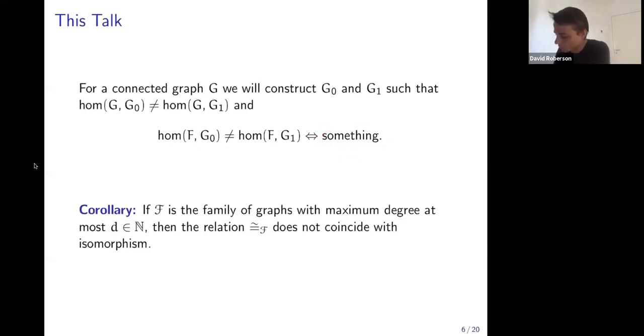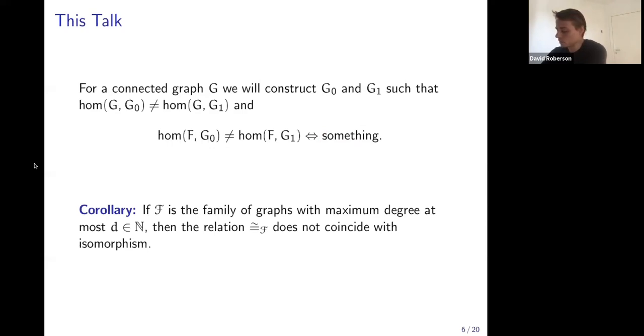But whatever this something ends up being, it allows me to prove the following corollary. So it is something that appears to be non-trivial. It allows me to show that if you consider this family of graphs of some bounded degree, then the relation you get doesn't coincide with isomorphism.